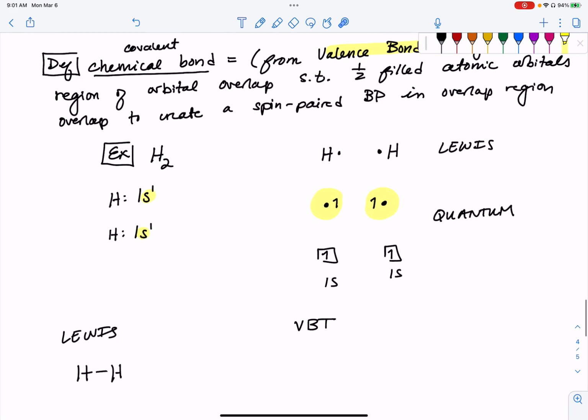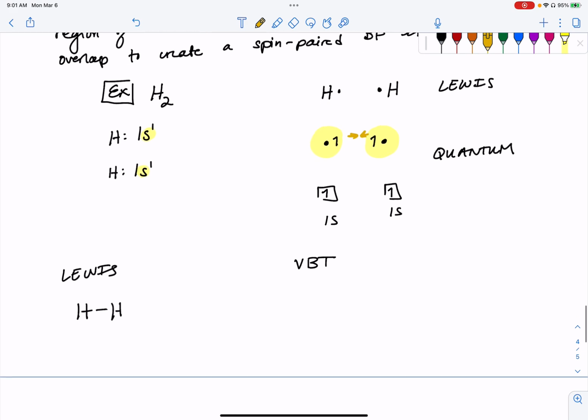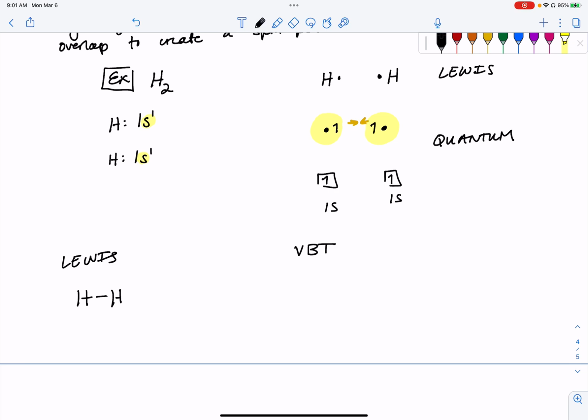So if I were to push these s orbitals together until they created a region that was overlapped sufficiently so that we are overcoming the negative repulsion of electrons, yet also following the positive attraction between our electrons and protons, and also the repulsion of the nuclei, right?